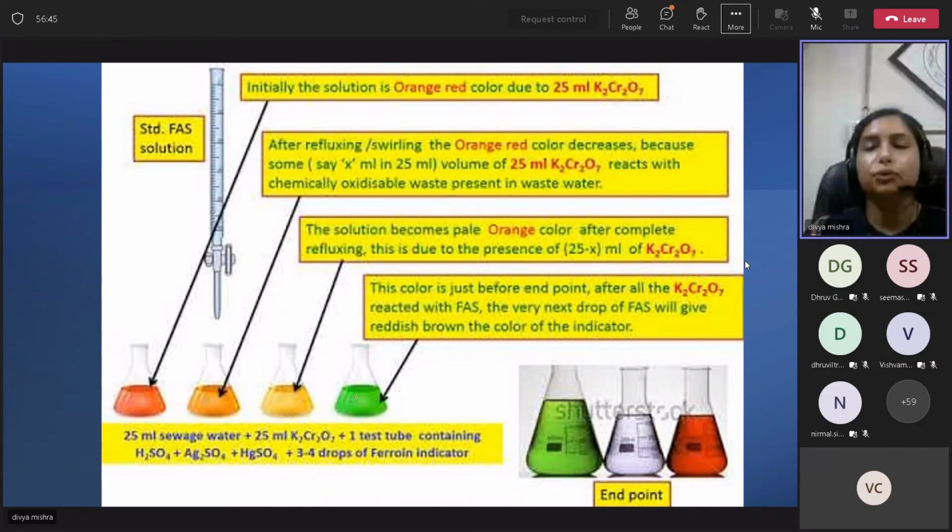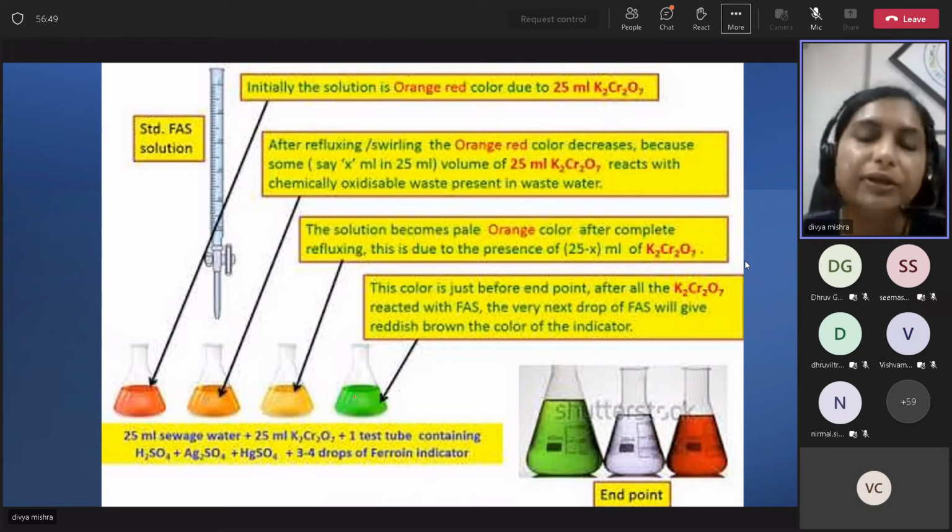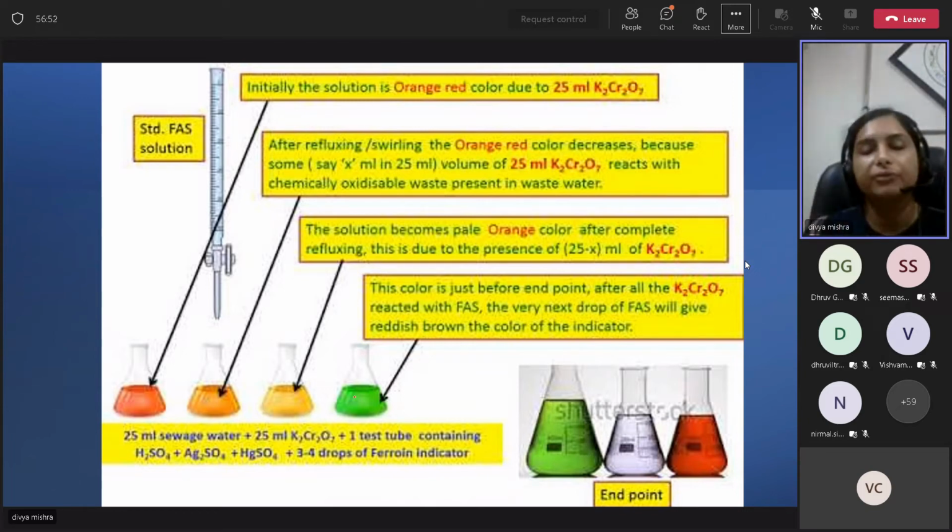So when we start titrating it with ferrous ammonium sulfate using ferroin as an indicator, when the endpoint is reached, this reddish brown color will appear. This will release Cr3+ ions after completion.